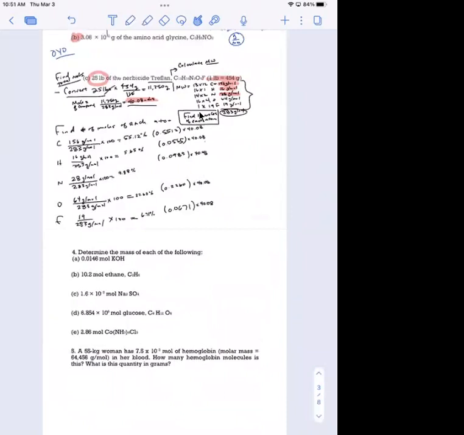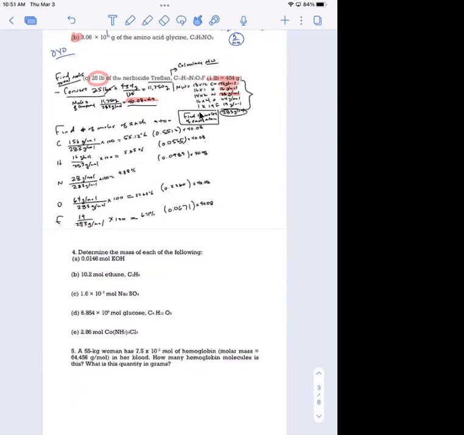Right. We also found, or have to find, the number of moles of each atom, which we were able to do by determining the percent composition. And what else? Because I'm trying to get the objectives down. Yeah.